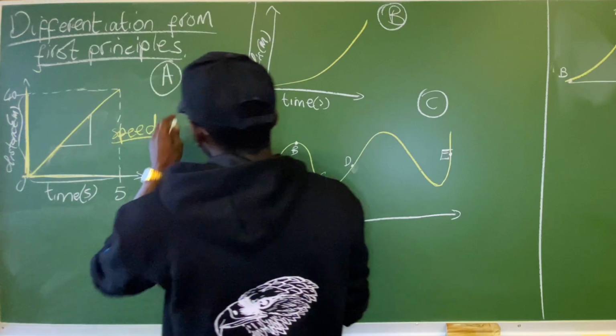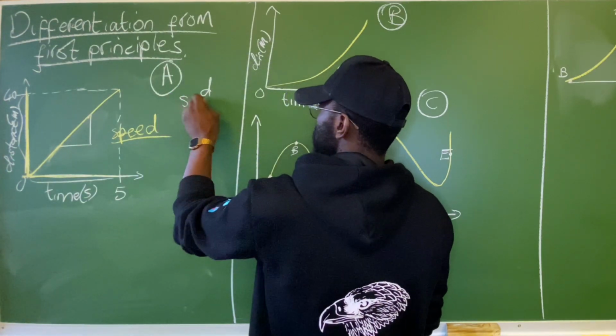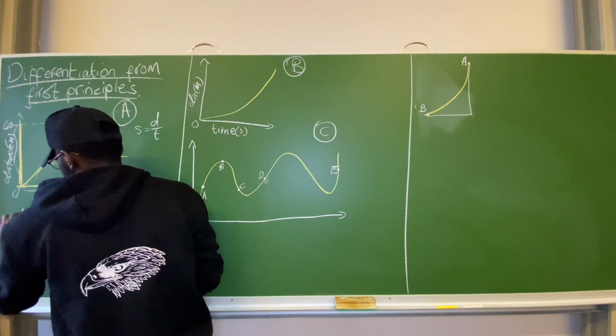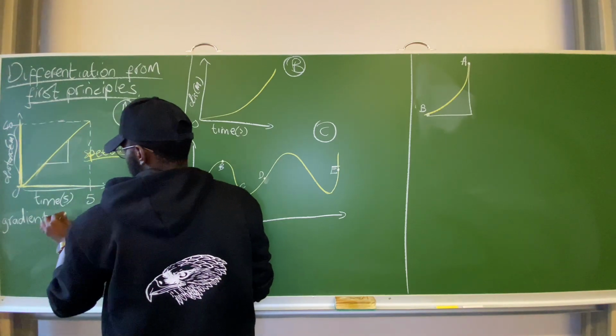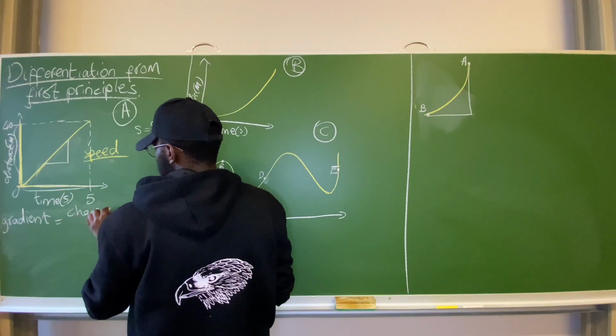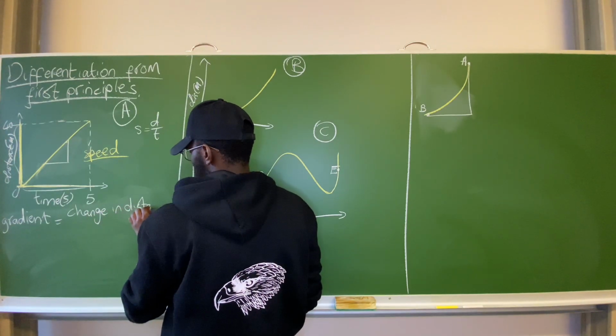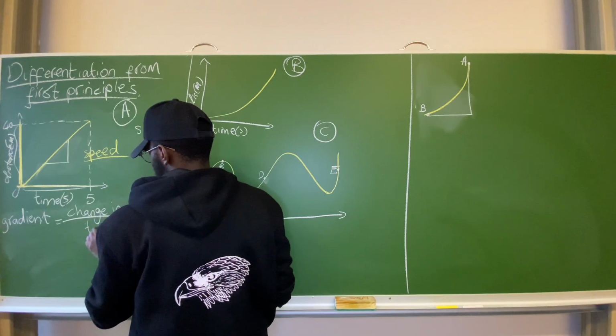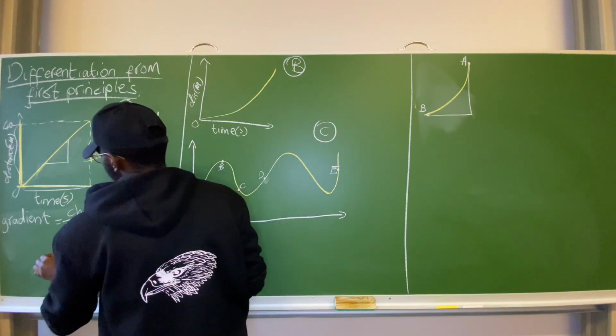So, speed is distance over time. To calculate our gradient, we need the change in distance over time.